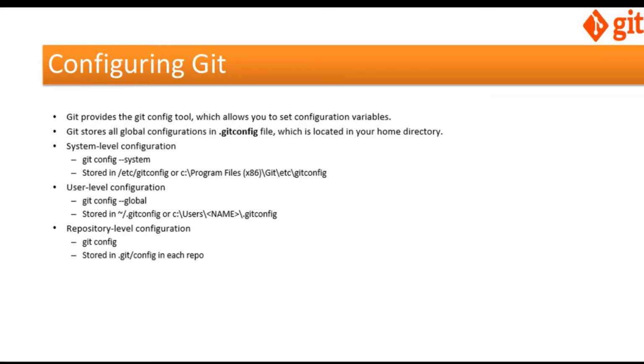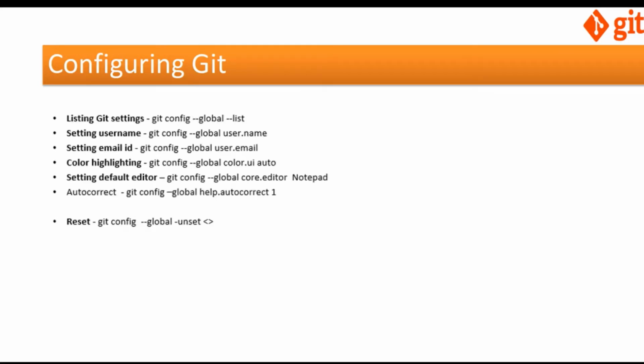If you are using user level configuration, so if you perform git config --global, it will be stored in the root directory as .gitconfig, or in C:\Users\username\.gitconfig. Repository level configurations are stored in the .git folder, where there is a config file in each repository.